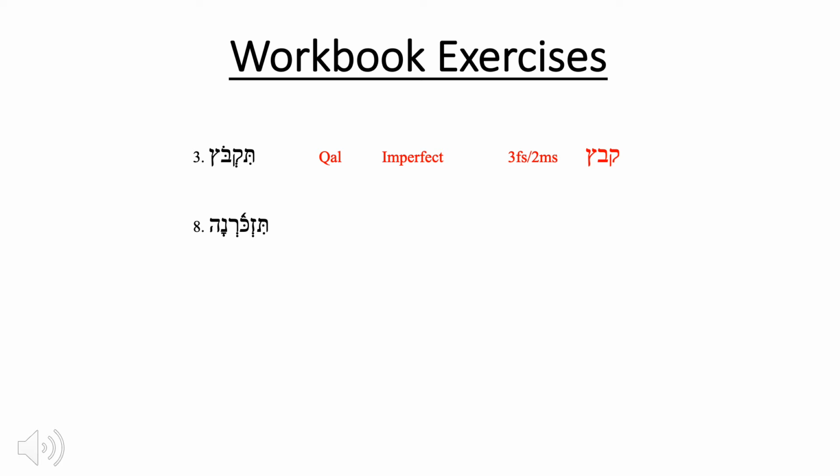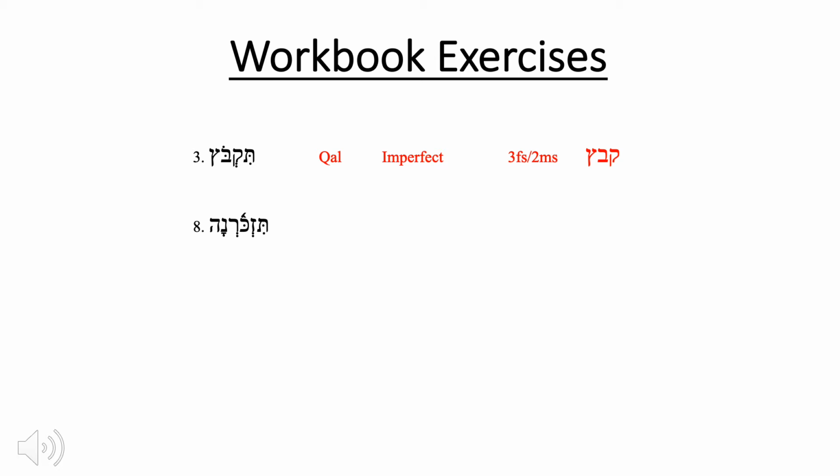Technically, as we look at number 3, there is not enough information to differentiate the two. Obviously, if we were reading this in context, we would understand if it was she, because we would know that we are dealing with a woman, that she gathered. Or we would know that we're talking to a man, you gathered. Either way, we have to parse this on our little chart here as a 3fs and a 2ms, because without the context, we really can't tell.